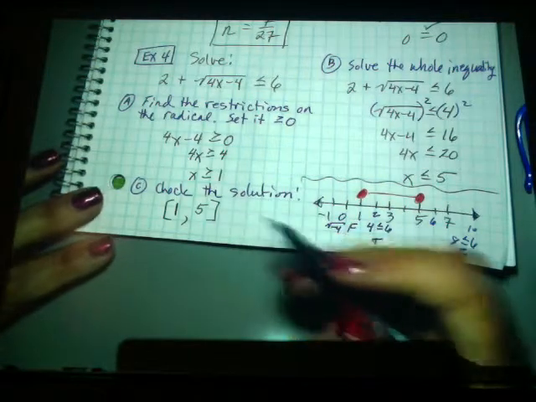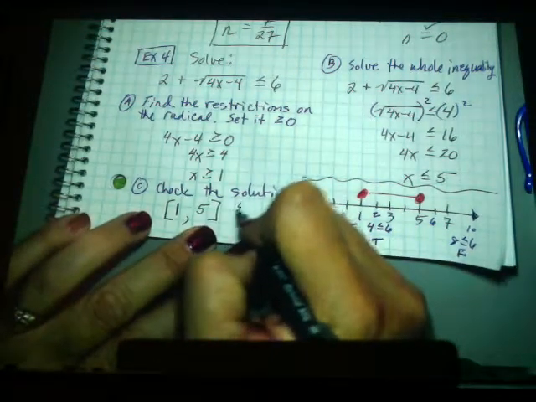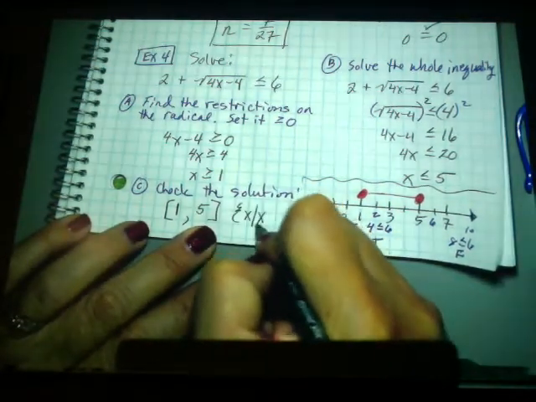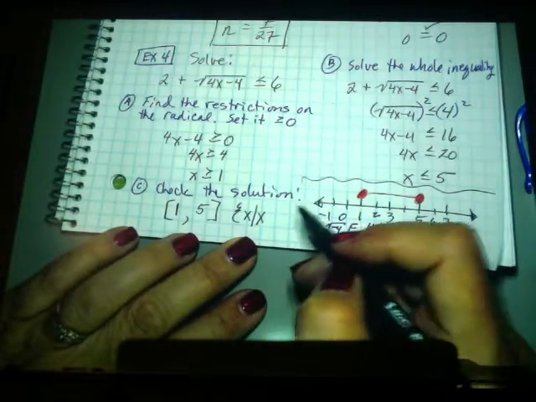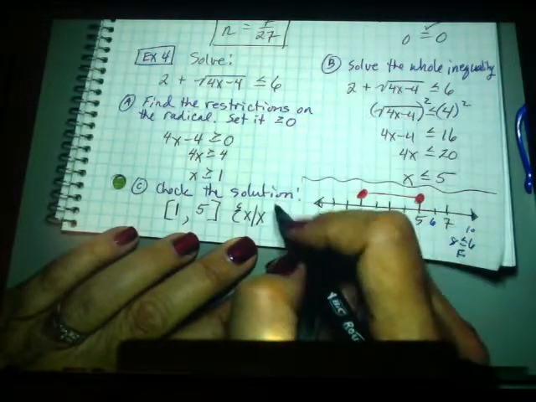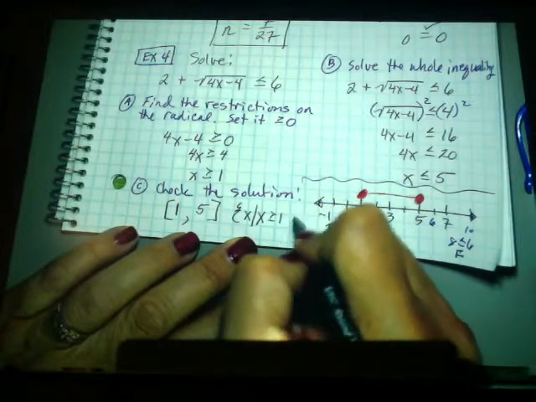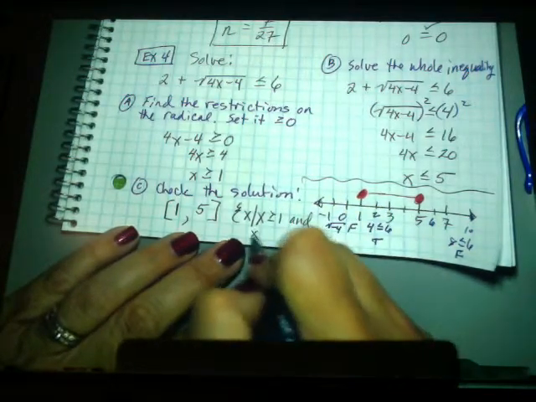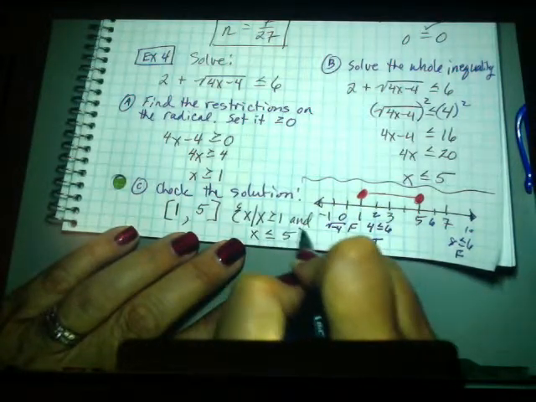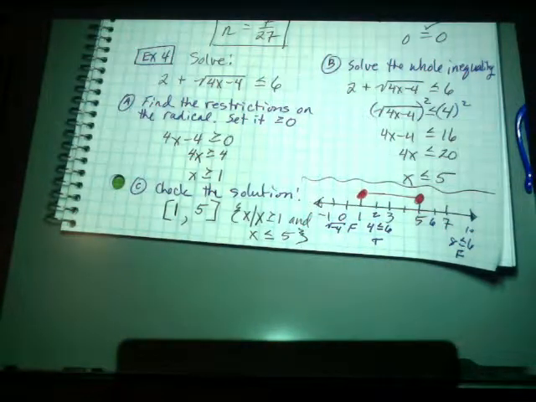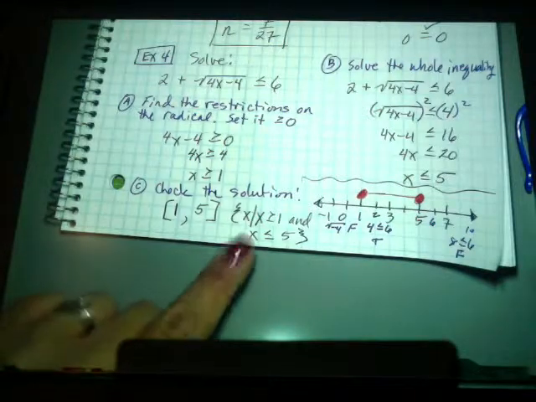If I were to do set builder notation, you could do x such that x is greater than or equal to 1 and x is less than or equal to 5. Or you could sandwich it. If you sandwiched it, you wouldn't have this x here.